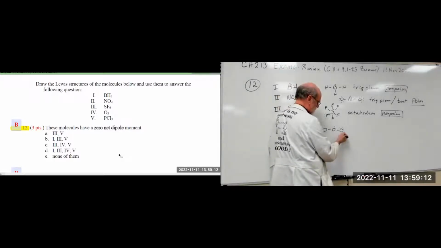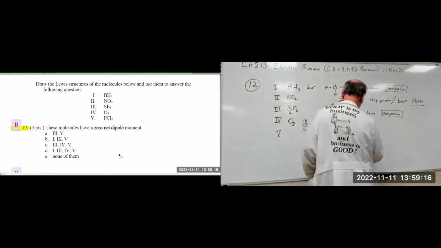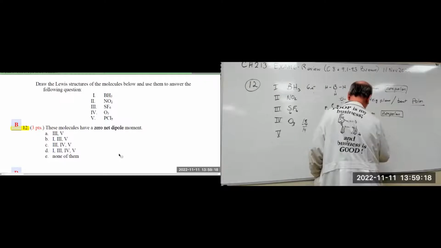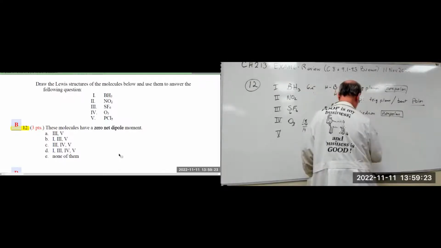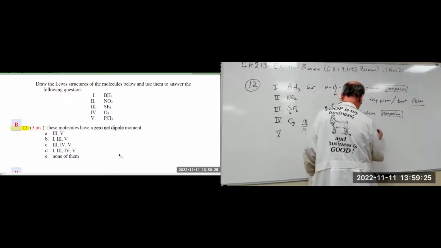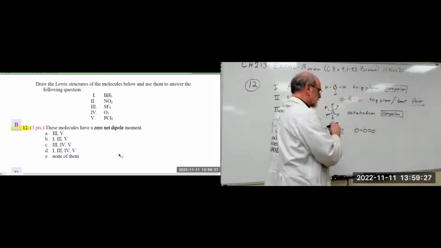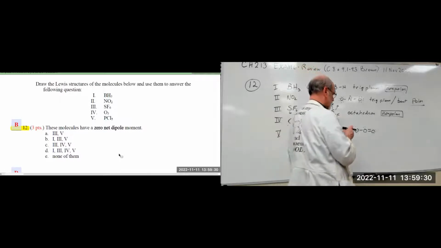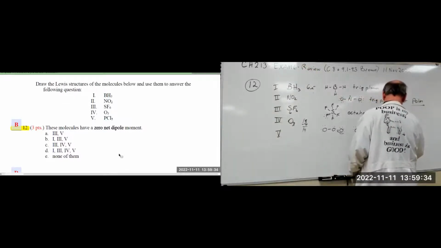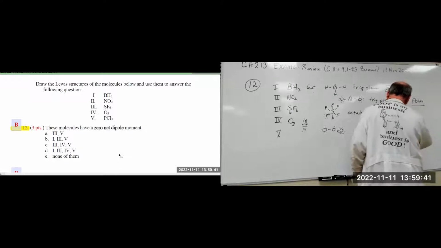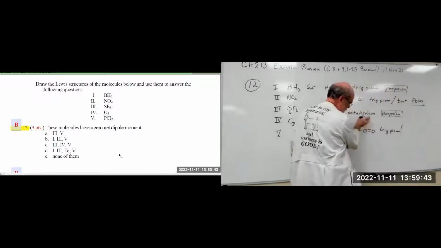We're going to make a double bond there. There we go. So the central atom has 3 groups, which makes it trigonal planar, electronic, and molecular would be bent.